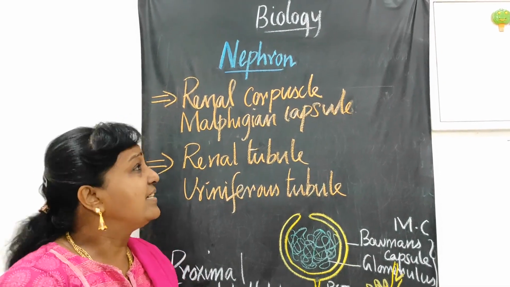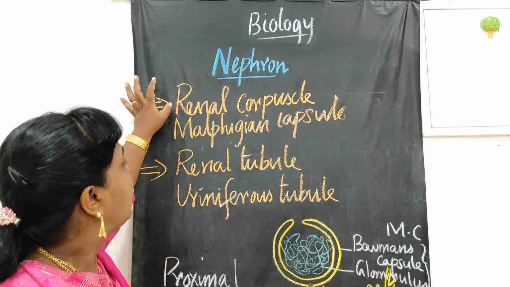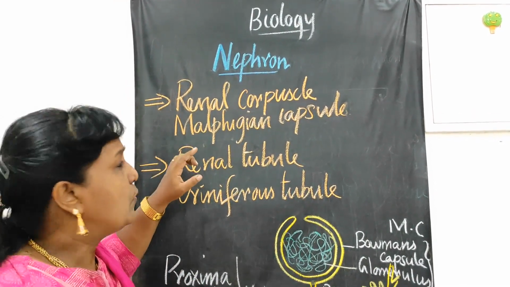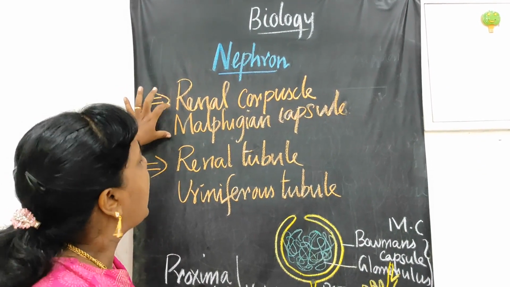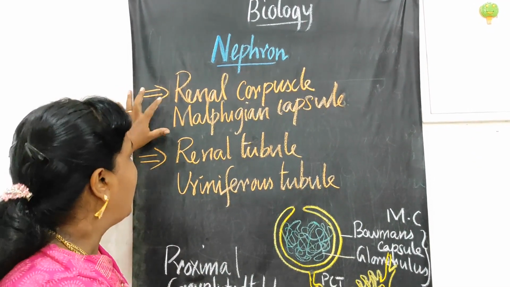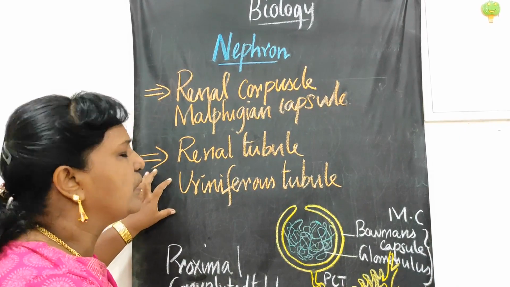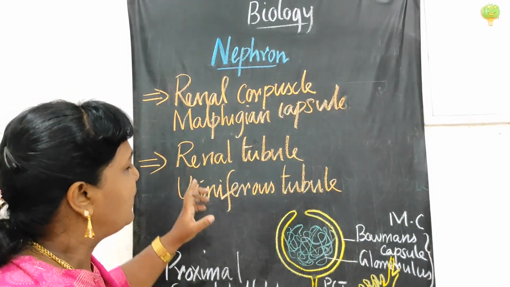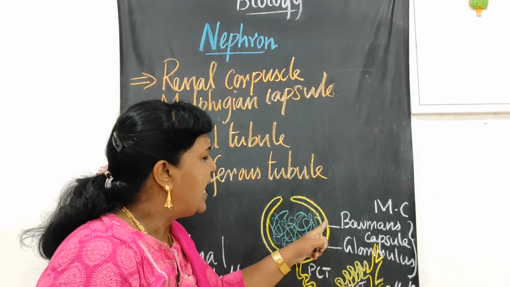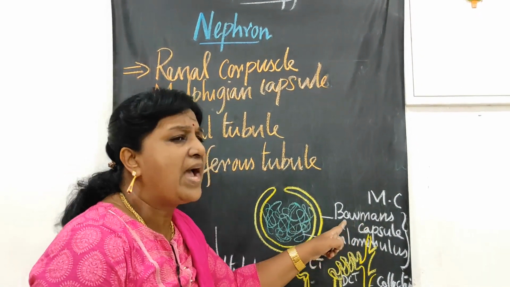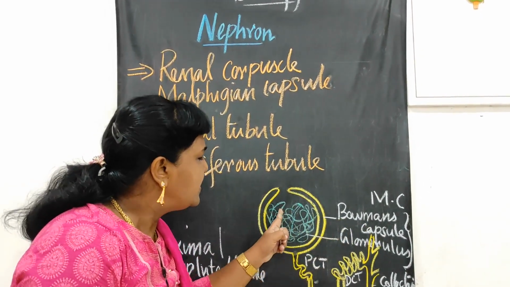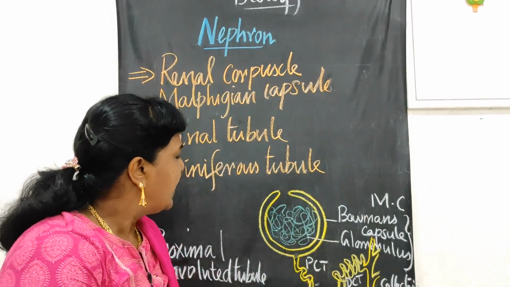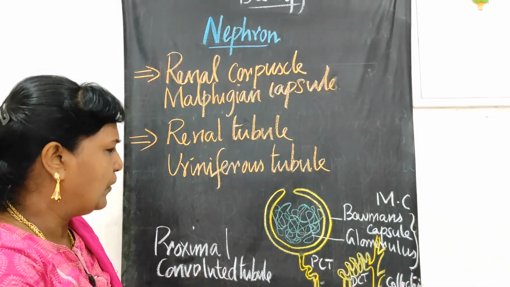See, when we are taking the structure of nephron, the nephron consists of two parts. They are renal corpuscle or Malpighian capsule and renal tubule or uriniferous tubule. So this renal corpuscle consists of a cup-shaped structure called Bowman's capsule, and inside there is a network of capillaries called glomerulus.